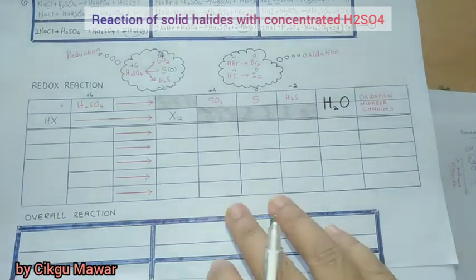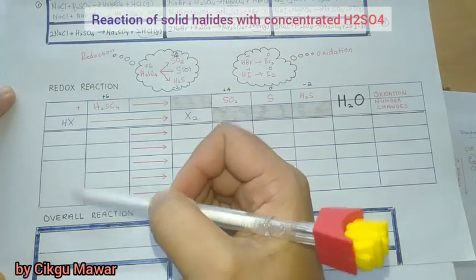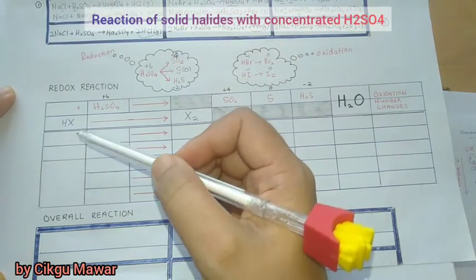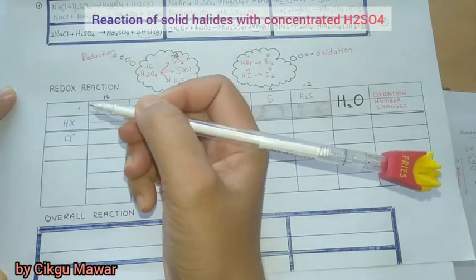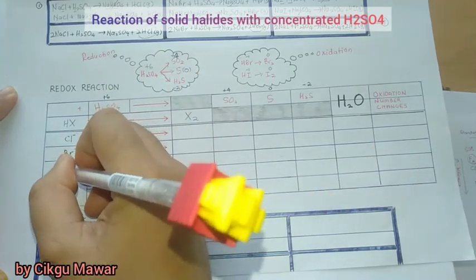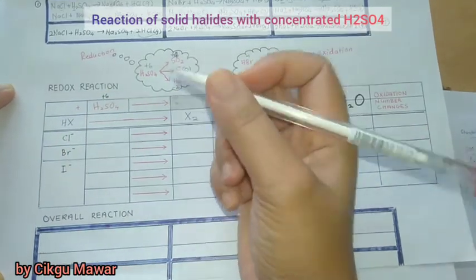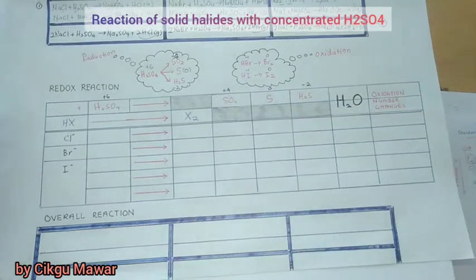Alright, and then we refer to the halide. This is the halide table. For halide, we involve chloride ion, bromide ion, and iodide ion. So this is the table of the redox reaction.